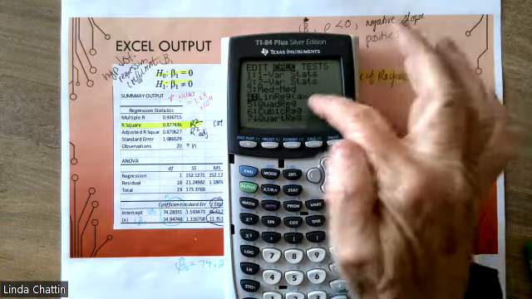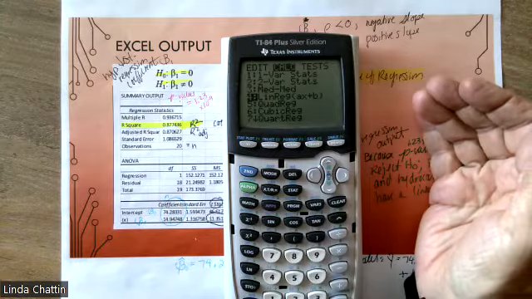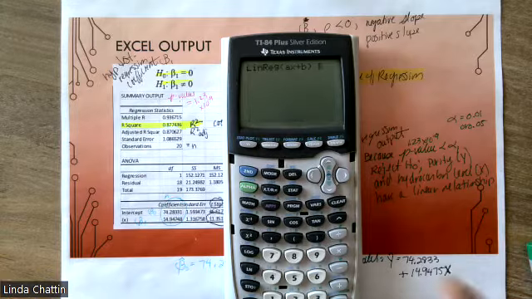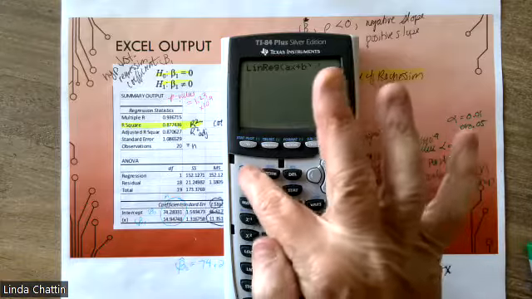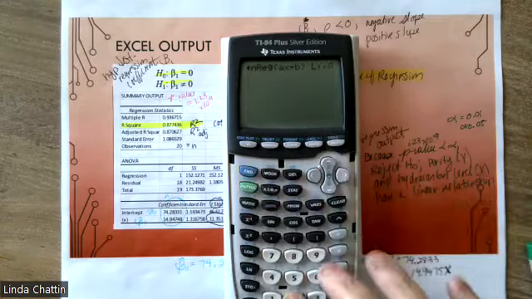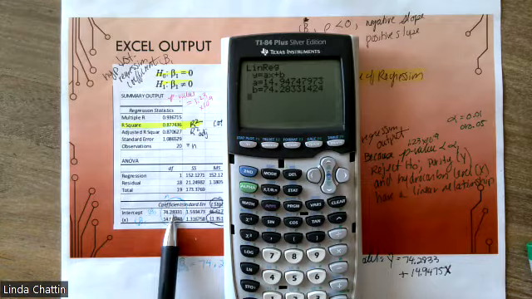So it'll give me AX plus B. A will be the slope and B will be the intercept. If I hit enter, and this is the old version calculator here, then I have to tell it which list to go to. So I'm going to go second function, list 1, comma, second function, list 2. And then when I hit enter, it will just generate for me these values right here.